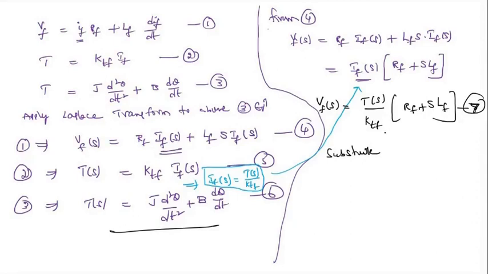Sir, here why did we get KTF? In equation 5, T(s) is equals to KTF into If(s). KTF is nothing but a torque constant which relates to the field control method.